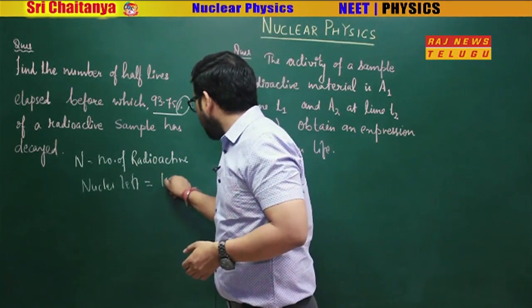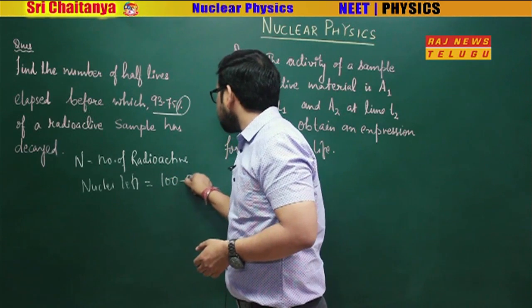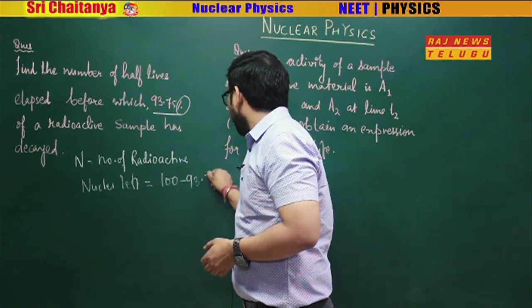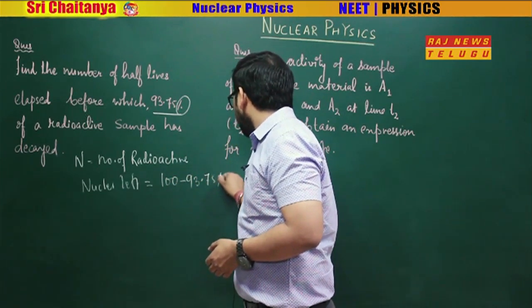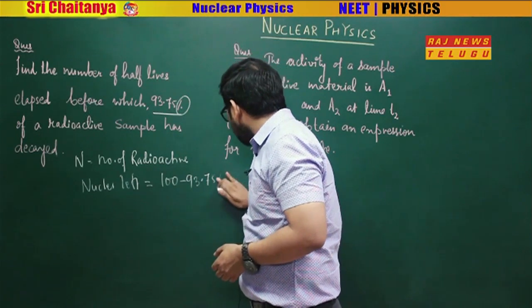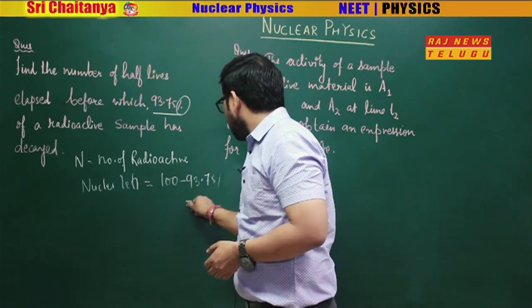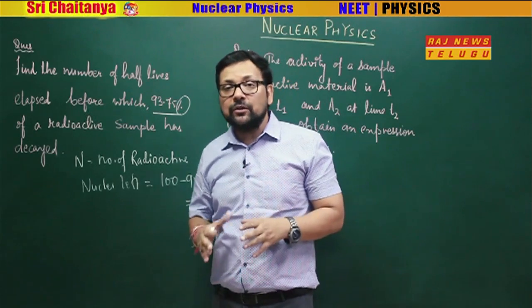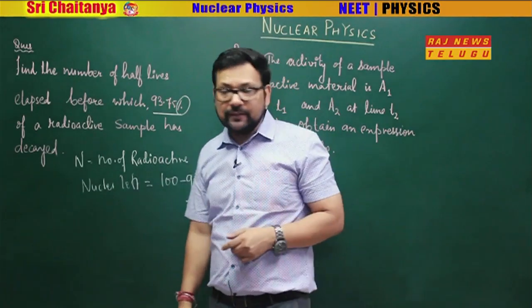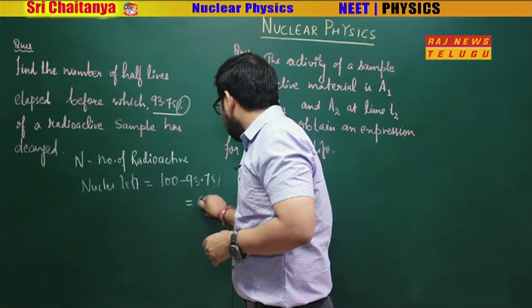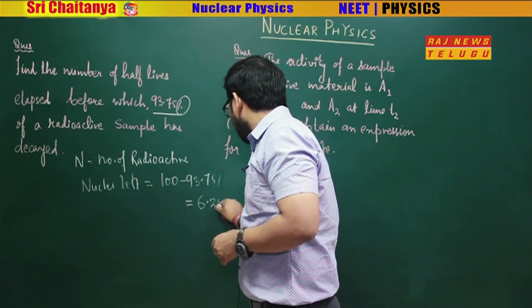So that would be 100 minus 93.75%. Don't forget, here we are taking percentage, which means we are taking the original number of nuclei at t equal to 0 as 100. So this is 6.25.